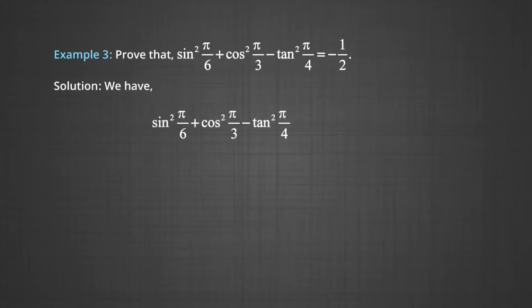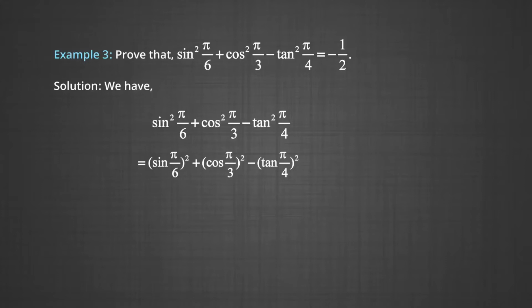We have sin square pi by 6 plus cos square pi by 3 minus tan square pi by 4, which can be written as sin pi by 6 the whole square plus cos pi by 3 the whole square minus tan pi by 4 the whole square.